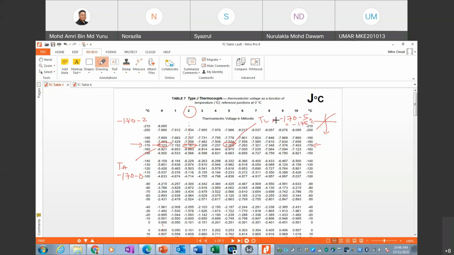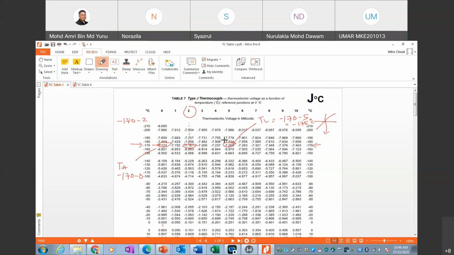So that is my TL. So TL VH is negative 7.265 and VH is 7.12 millivolt.